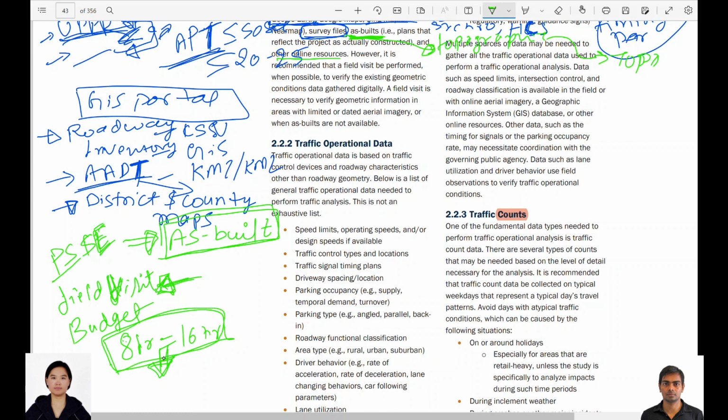During field visits, there will also be some post processing and report writing. For the majority of projects, a field visit is not conducted. I would say 90% of projects we rely on Google Earth and other information because of budget constraints.